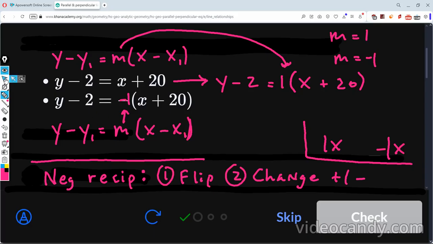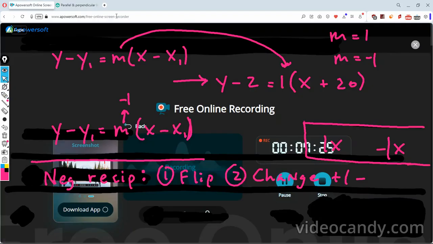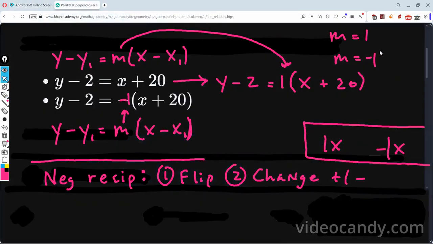So take either one of these and find the negative reciprocal. Let's do that with the number 1. So we have the slope equals 1, and 1 is basically the same as 1 over 1.